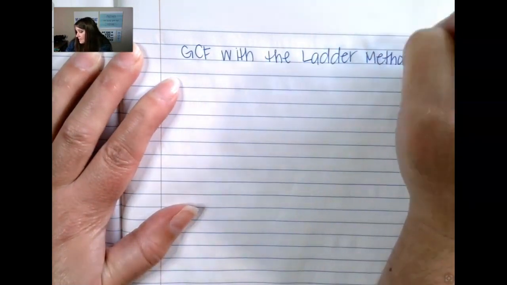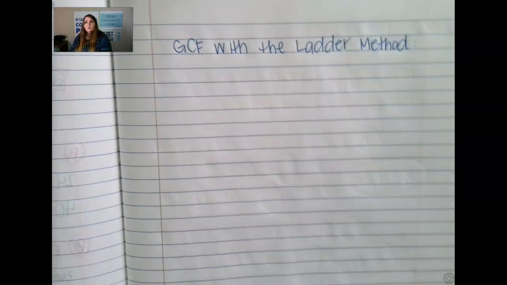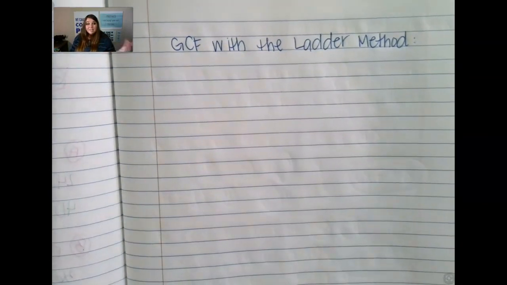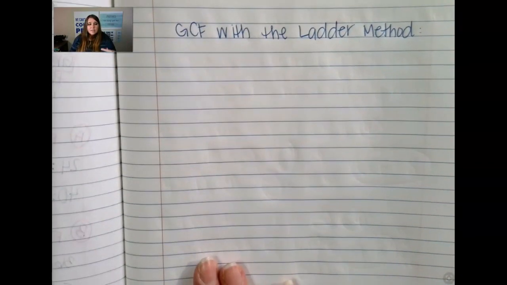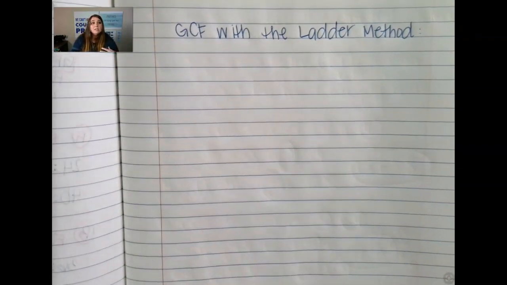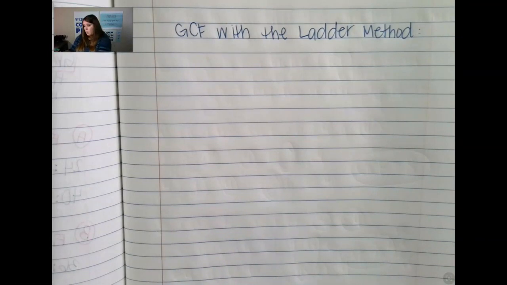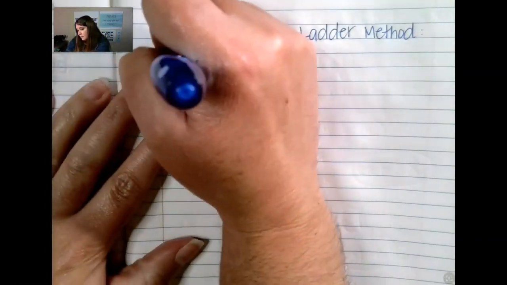All right, and the ladder method is going to use our prime numbers, just like we did in our last lesson with the prime factorization. We're going to take that same idea to help us find solutions to these problems. Okay, so let's do one.